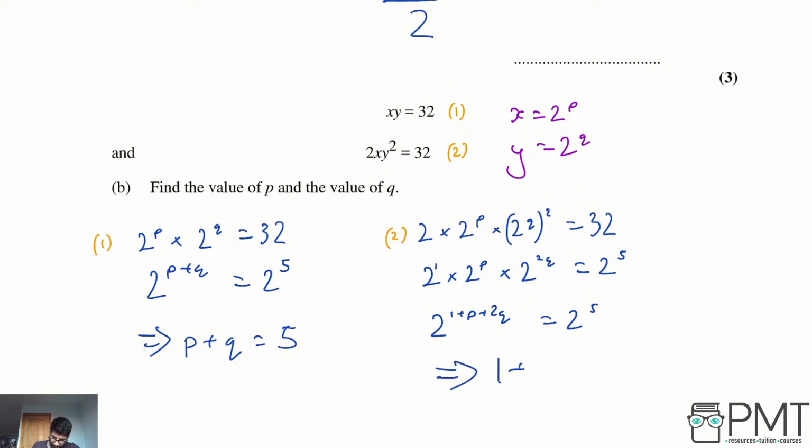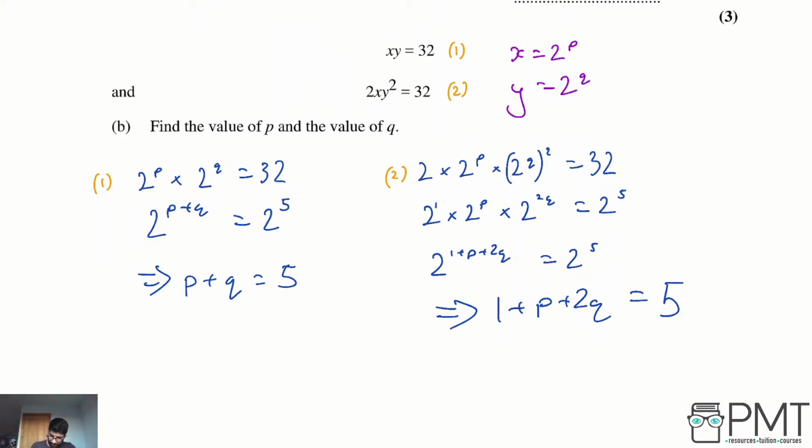So 1 plus p plus 2q must be 5. So now I have two equations. It's good to simplify this. Right, p plus 2q is equal to 4.